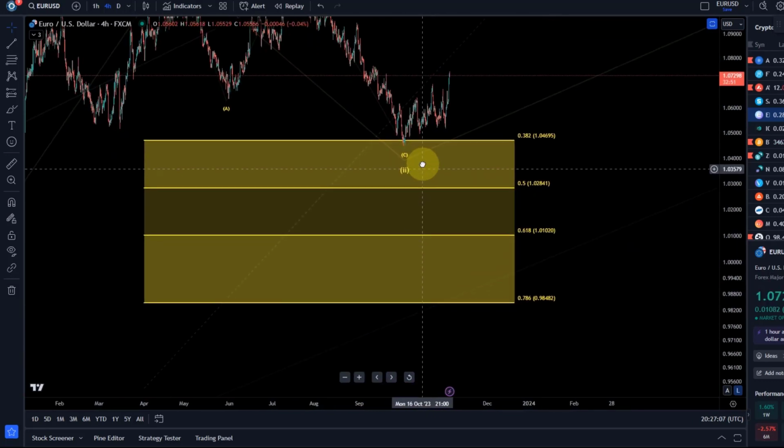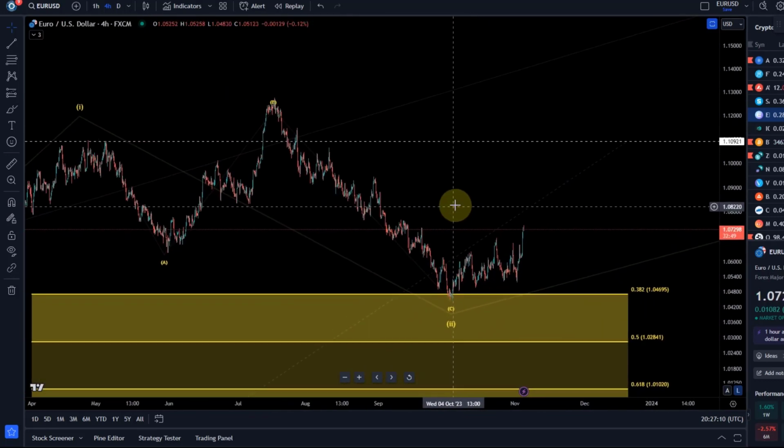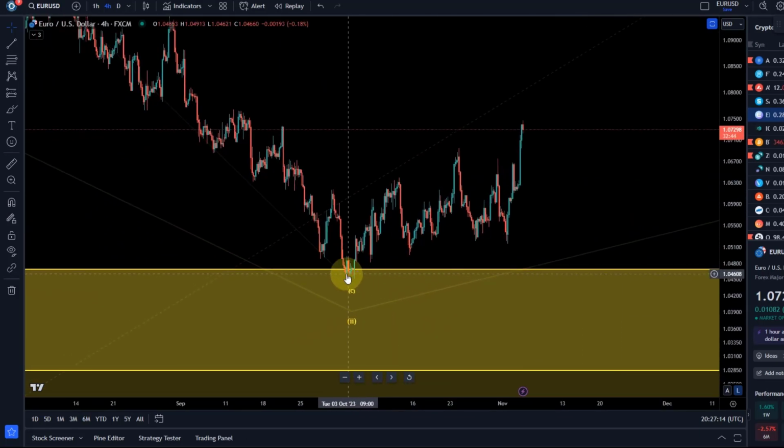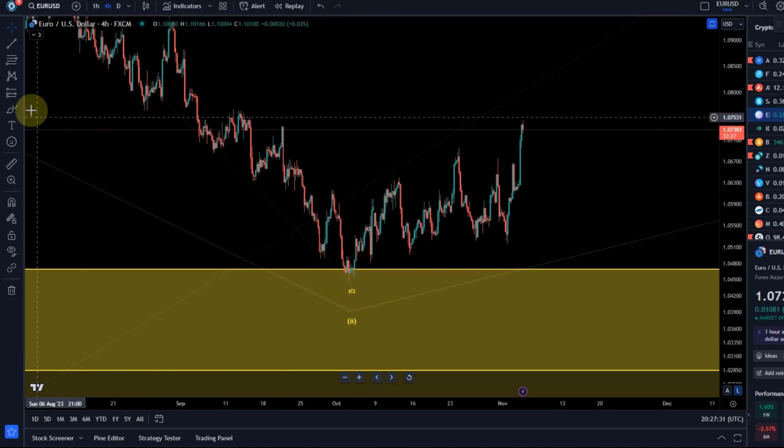And we talk about the make or break point, the invalidation point. We can look a little bit at a micro structure for this rally that started in October. With Elliott wave we always need to know where the trend is going and what are the levels that now need to break that trend again. So let's label this structure of the lows.